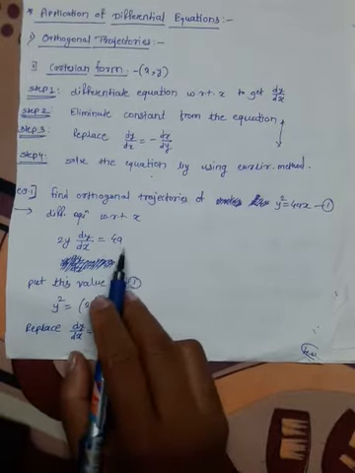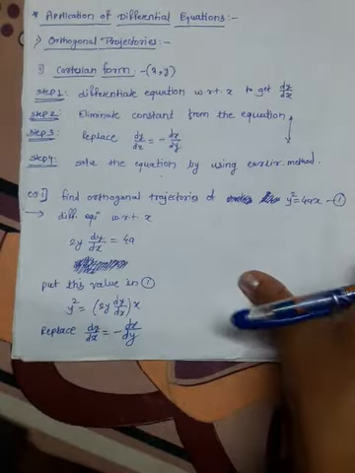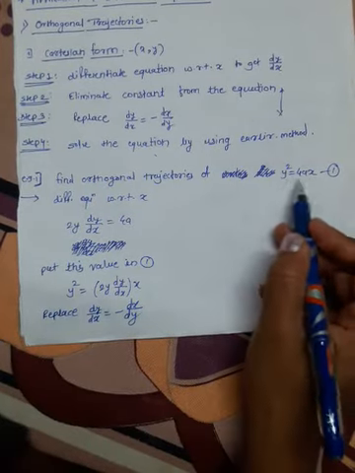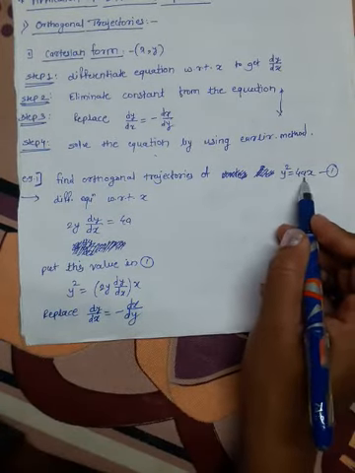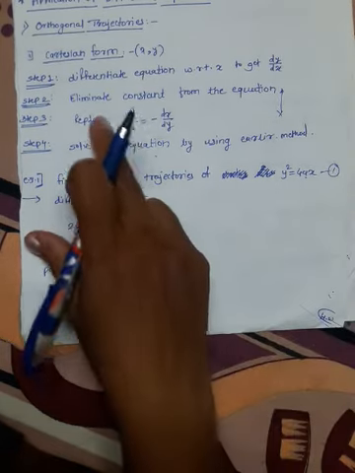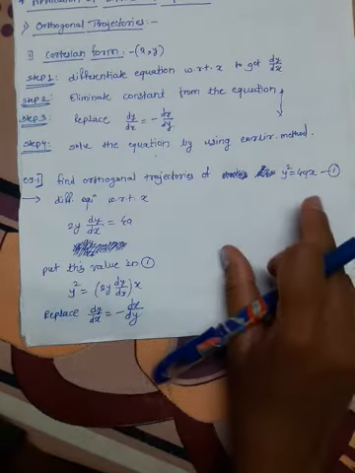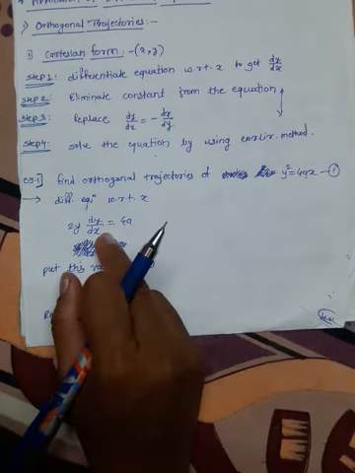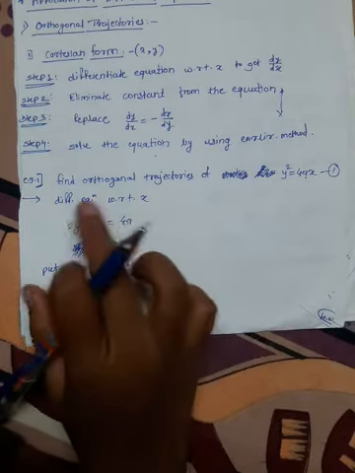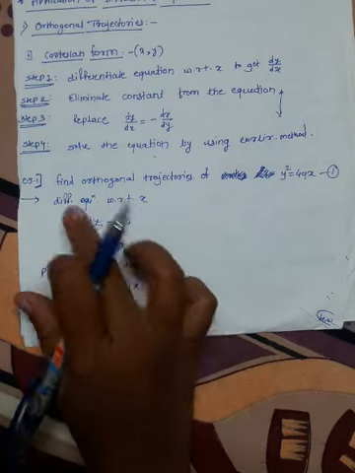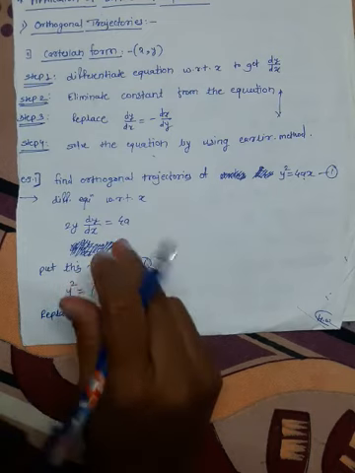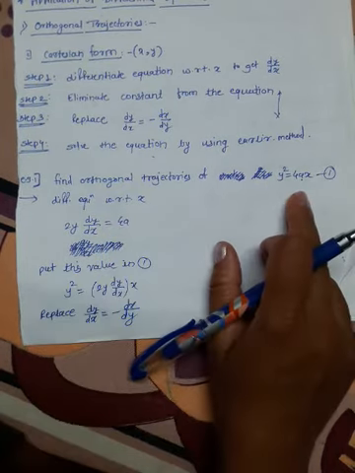Now the second step will be eliminating the constant. What is the constant in this equation? a is a constant, and our step is to eliminate the constant, meaning you have to eliminate this a from here. The common method is, from the equation you get by differentiating, put the value of that constant in the given equation.